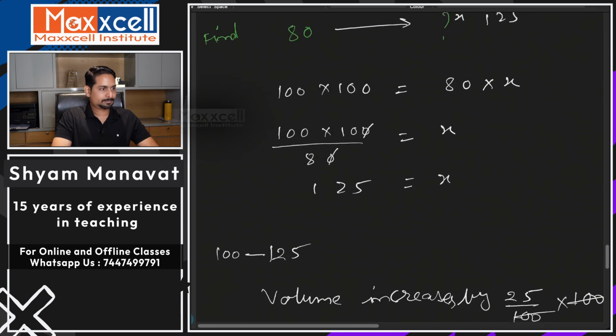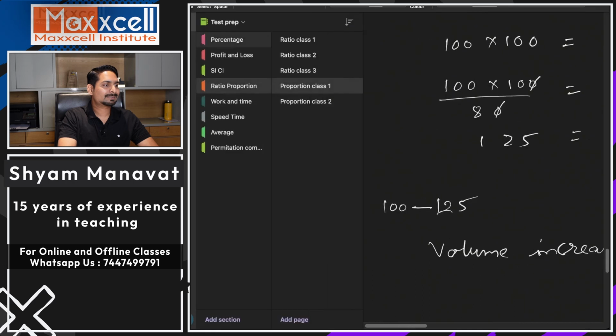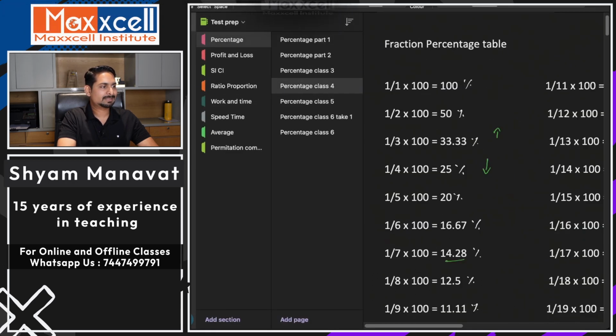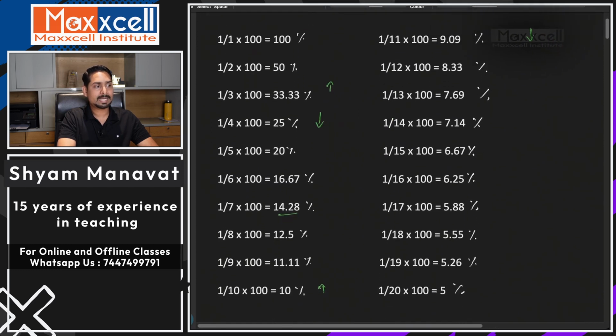Okay, this is how it happens. Now this type of situation we have discussed in the fraction percentage table also, that if one increases, the other decreases, you can take help of the fraction percentage value if the value is one among the fraction percentage.